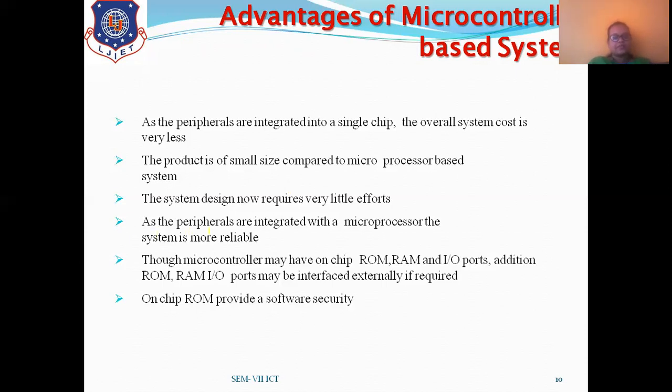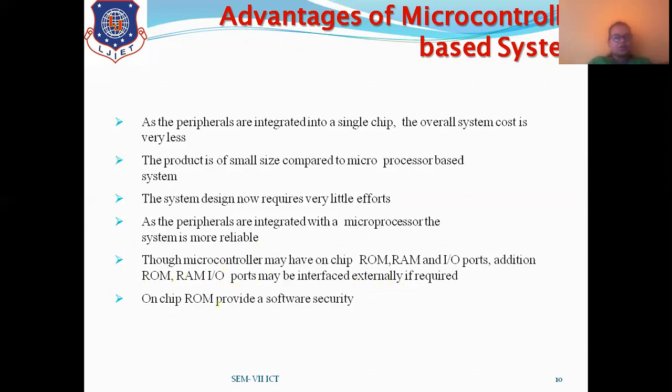Now, as the peripherals are integrated with the microprocessor, the system is more reliable, right? So all the peripherals are connected internally with the processor, so it is more reliable for future use also, right? And although the microcontroller has on-chip ROM, RAM and IO devices, if for future use we want to extend the memory or IO ports, we can interface externally, right?